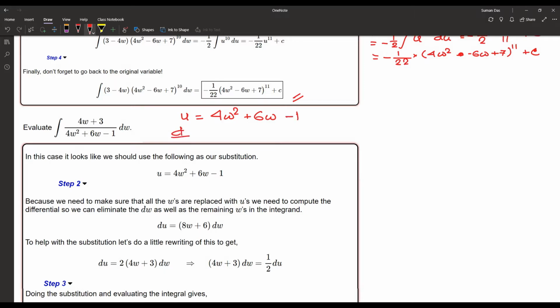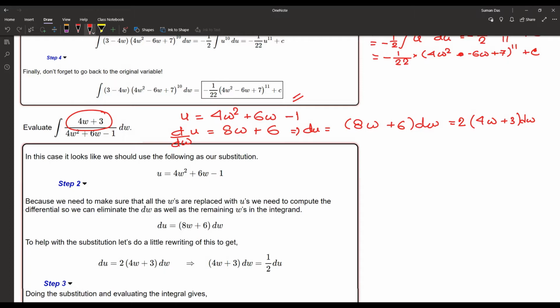So we are getting d/dw of u is equal to 8w plus 6, or du is equal to (8w + 6) dw. Now just look at the thing here, that is given 4w plus 3. So we may take common 2 from here. So that one is equal to 2 times (4w + 3) dw.